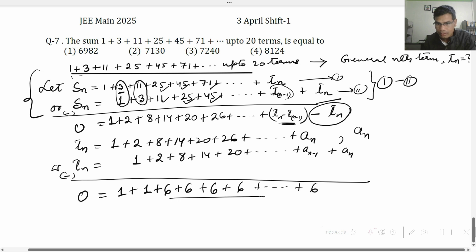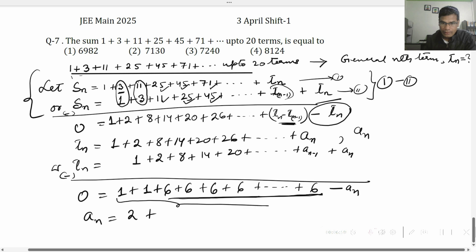So up to this nth term, minus a suffix n. We take a suffix n to the other side, so it will be a suffix n equals 2 plus, now since it is a sum of 6, how many times? From here till here we have n terms, but the first 2 terms are not 6s.